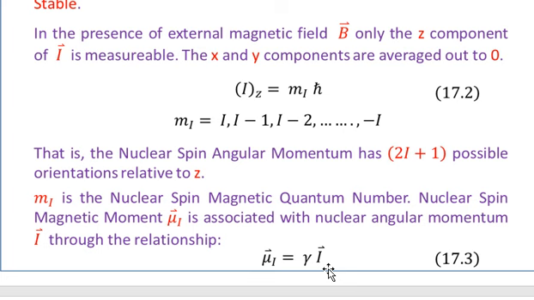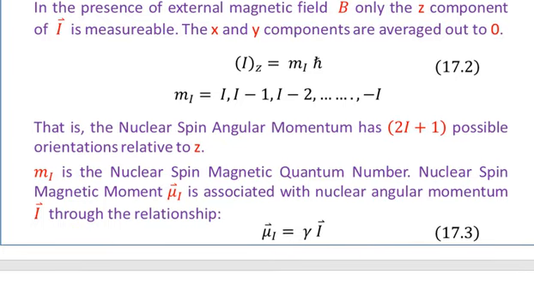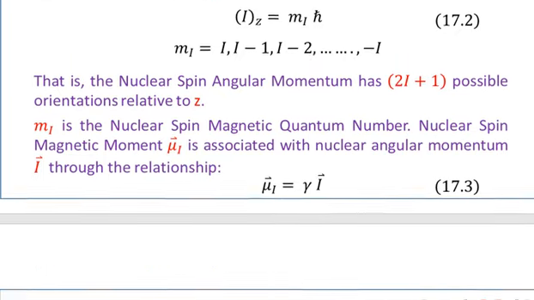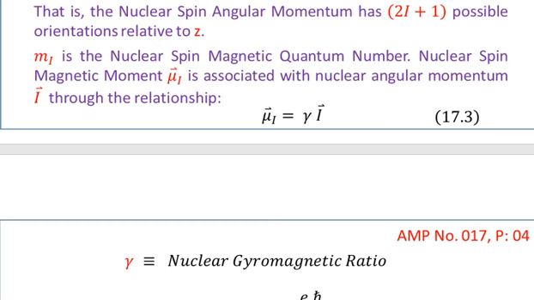And if gamma is positive, which is usually the case for the nucleons, then of course mu I, that is the nuclear magnetic moment, and this nuclear angular momentum have the same direction. That is, they have the same orientation, as obvious from this vector equation given in equation number 17.3, where gamma is actually the nuclear gyromagnetic ratio.